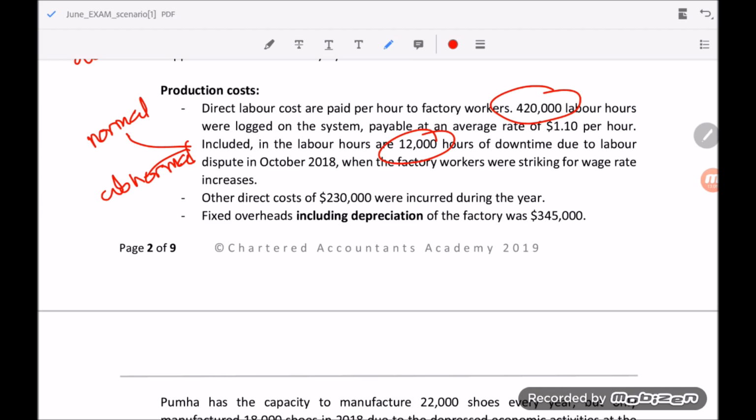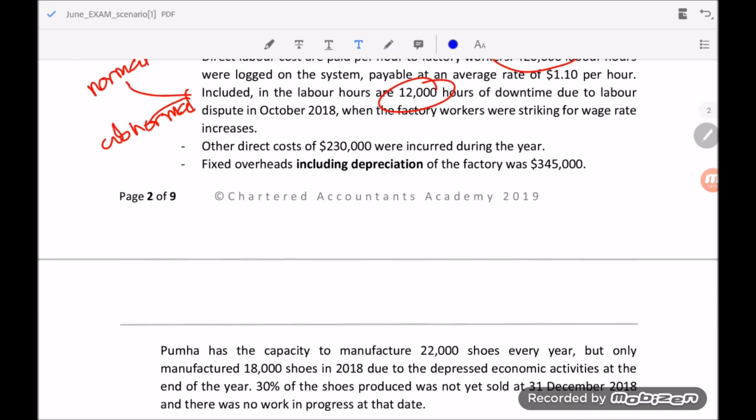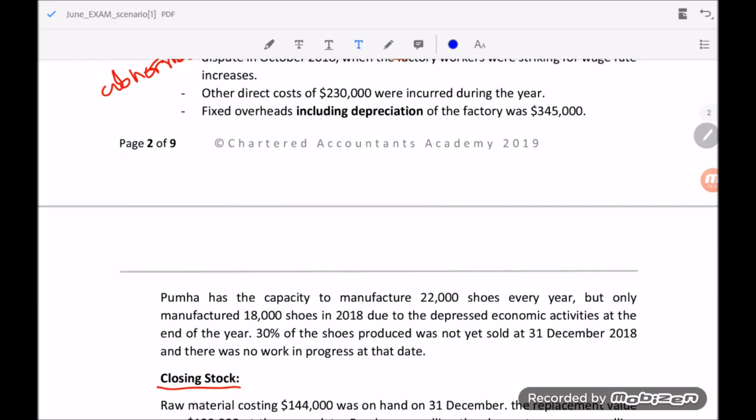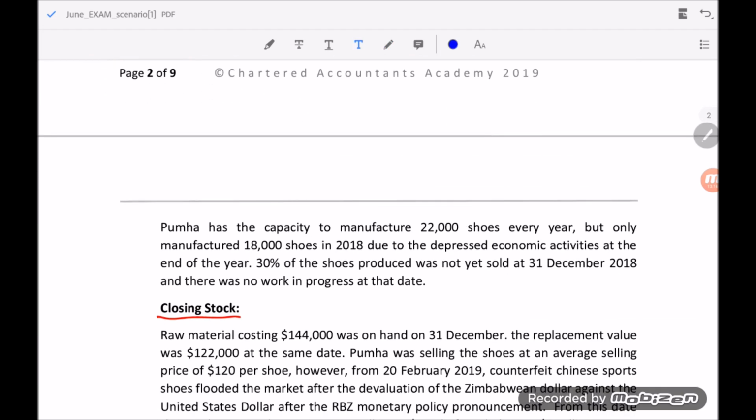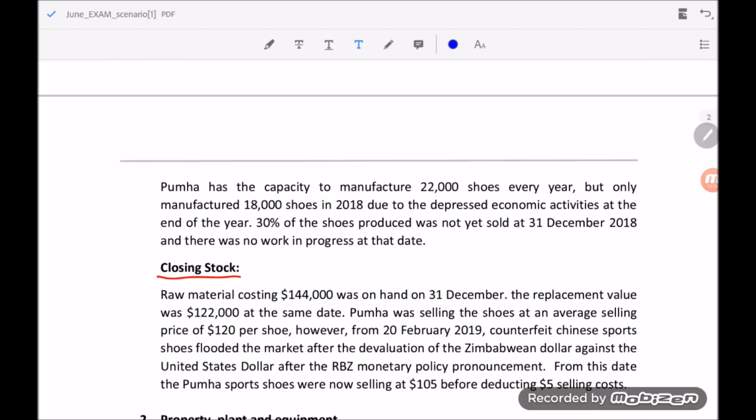Then other direct costs of 230,000 were incurred during the year. Fixed overheads including depreciation at 345. Good information, which is then Puma has got a capacity to manufacture 22,000 shoes every year, but only manufactured 18,000 shoes in 2018. Now this is also good information. Remember, ladies and gentlemen, for costing of your inventory, when you look at the cost per unit, you need to divide by normal capacity.